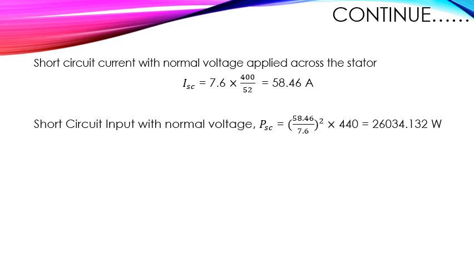Right, what is 58.46 here? It is the short circuit current with normal voltage, and what is 7.6? It is the current that we take from the short circuit test readings, right?